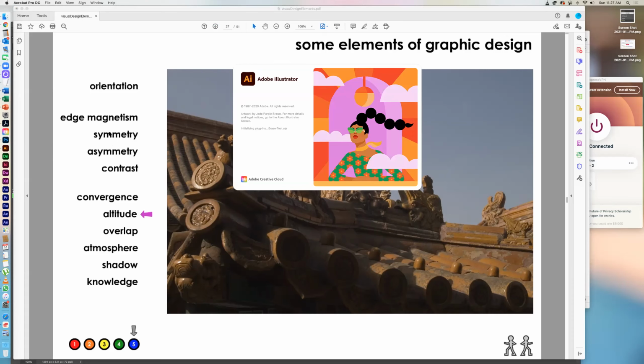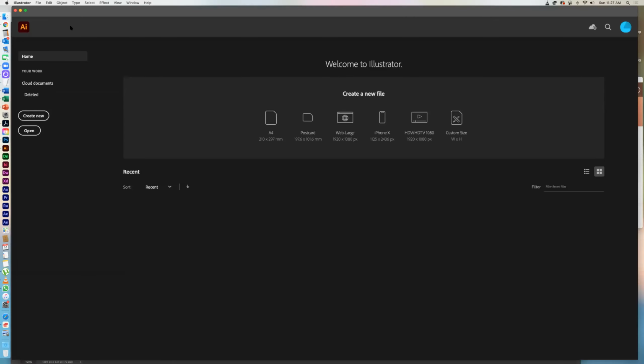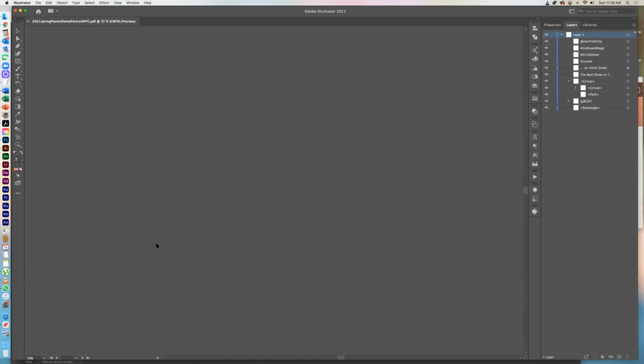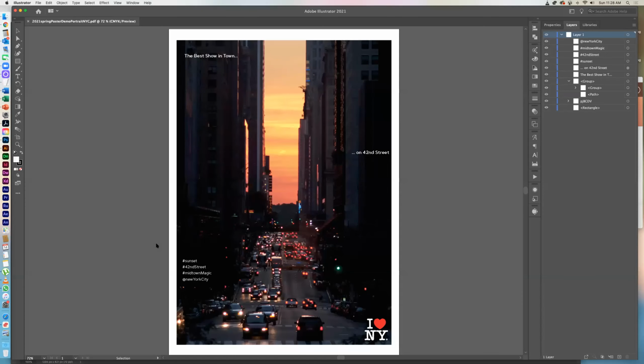Actually, in virtually all of the posters, definitely, if I take the New York poster, the highest is the farthest away, and it's very high.